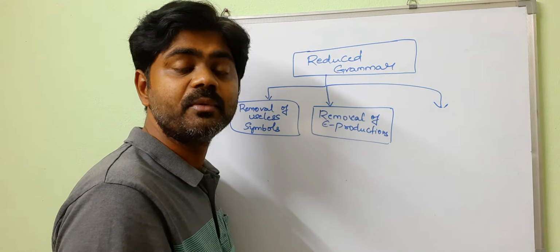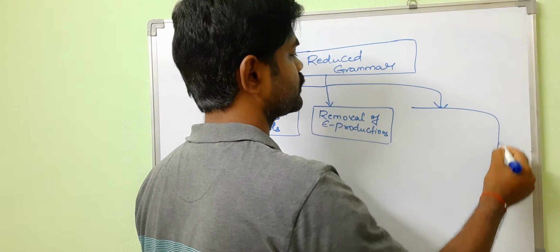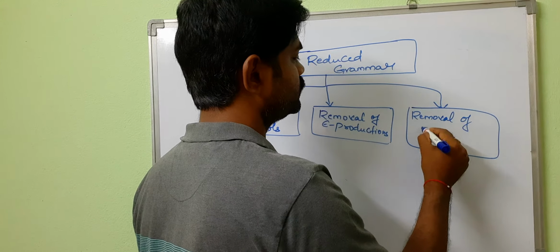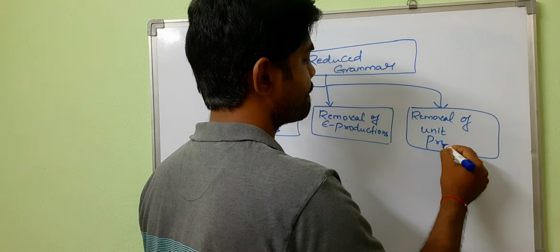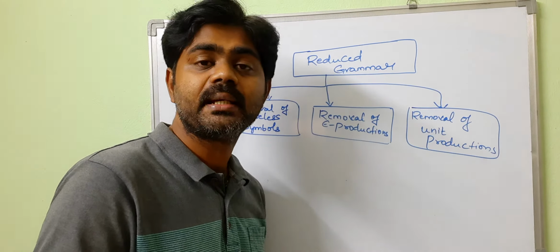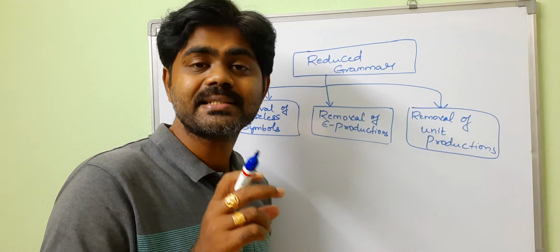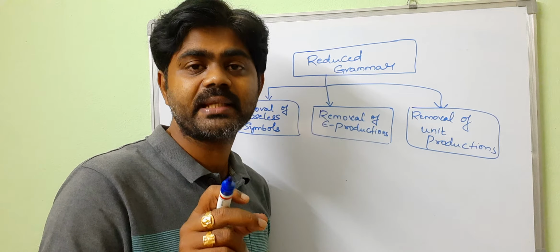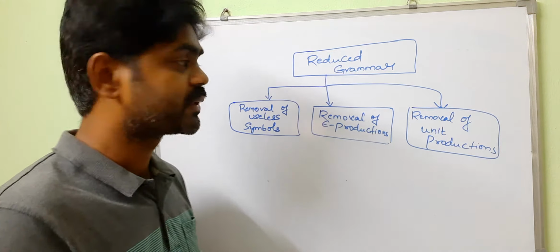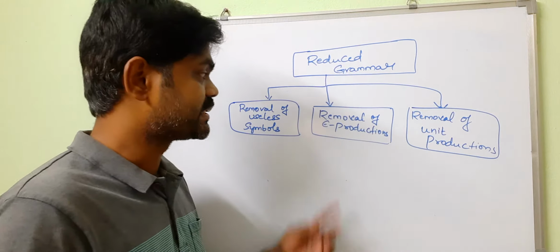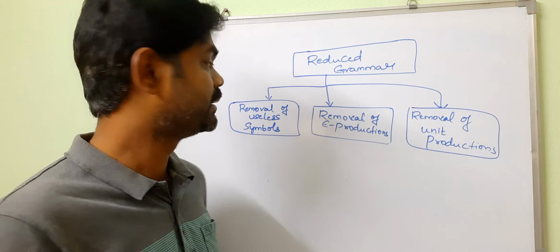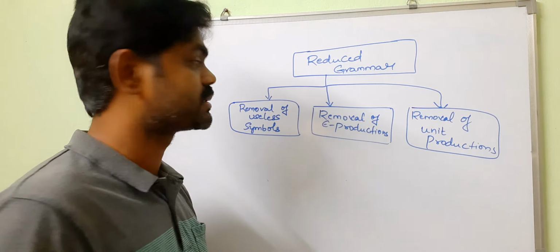And the third one is removal of unit productions. In this way, we can reduce our grammar. So let us explain each and every method with an example so that you will get a clear idea about how to reduce a grammar. Let's start with the first one, removal of useless symbols.